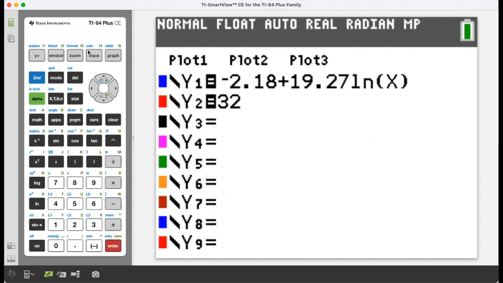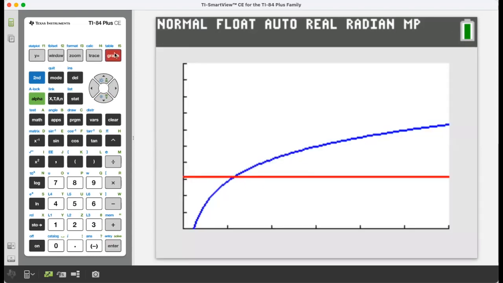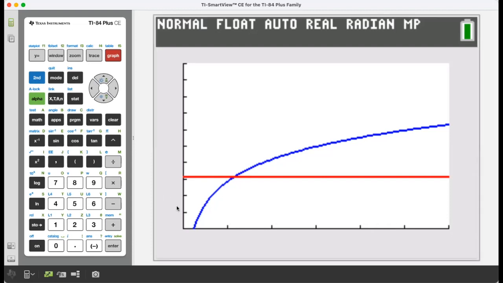That will graph a red line going across that intersects our graph. Given that our x values are going up by 10, 10, 20, 30, 32 is a reasonable place. So now all we need to do to find the solution to this is find that point of intersection.